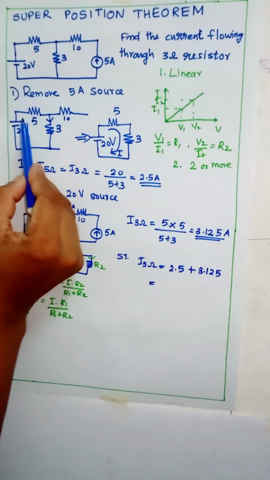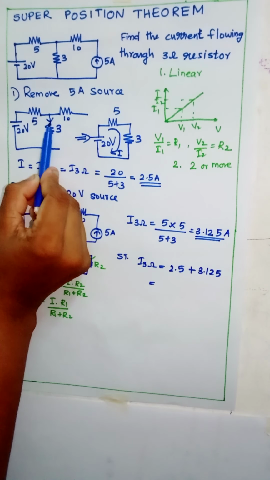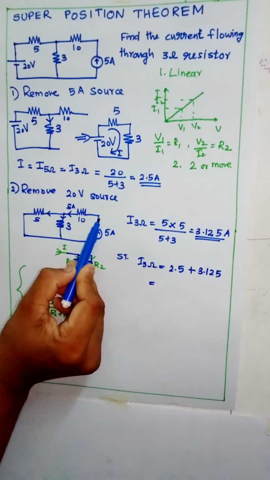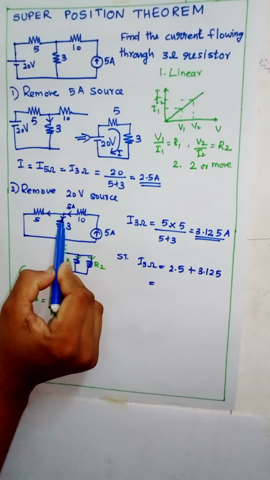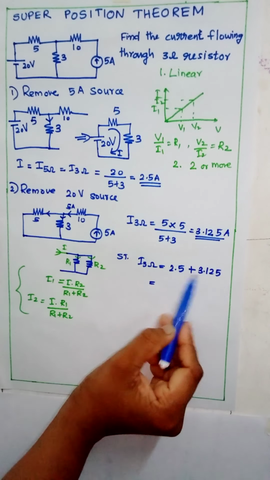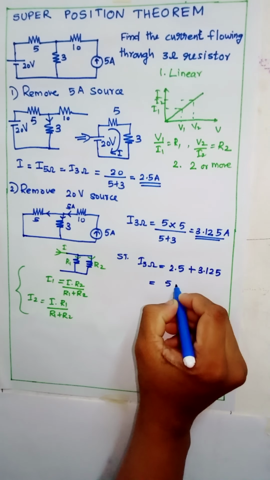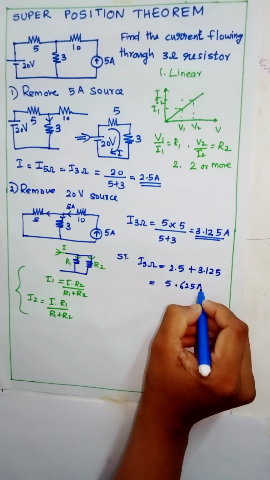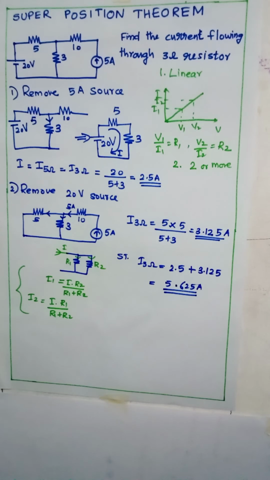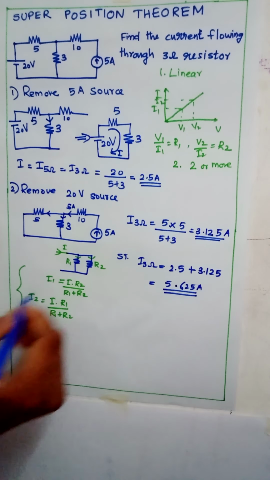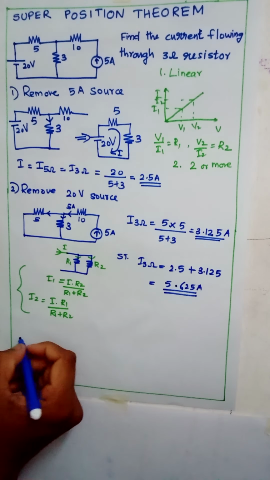In both the cases, the current is flowing in the same downward direction, so we can add 2.5 and 3.125, and that is equal to 5.625 ampere. This is the first question, and we can solve the second question.